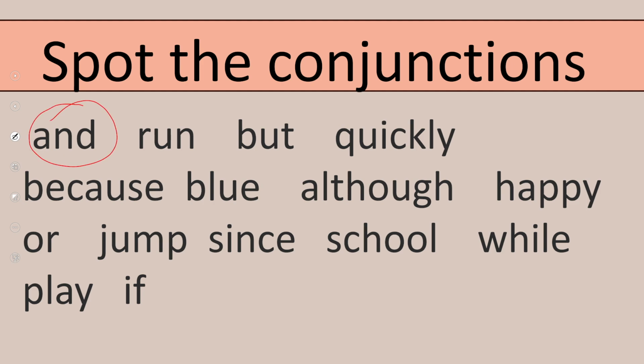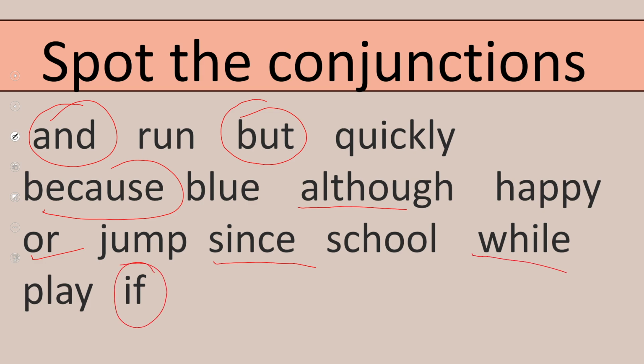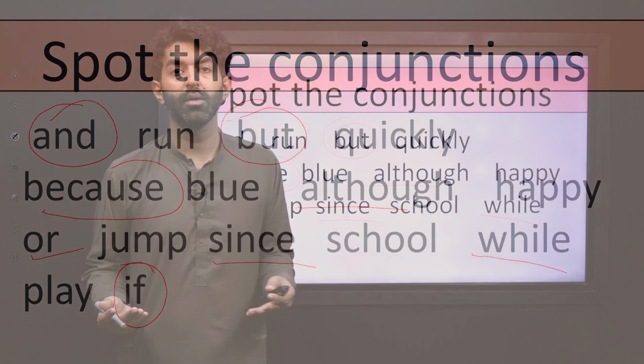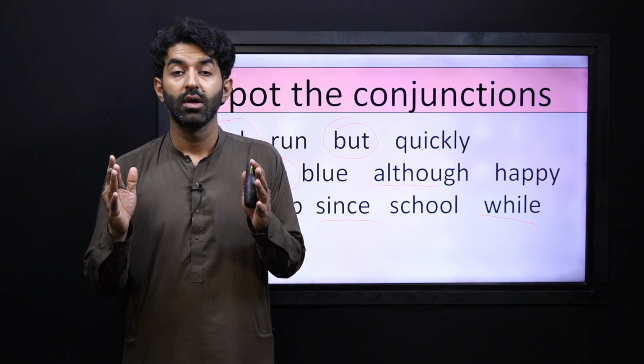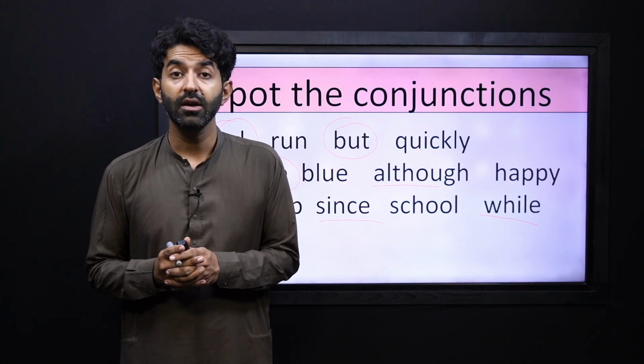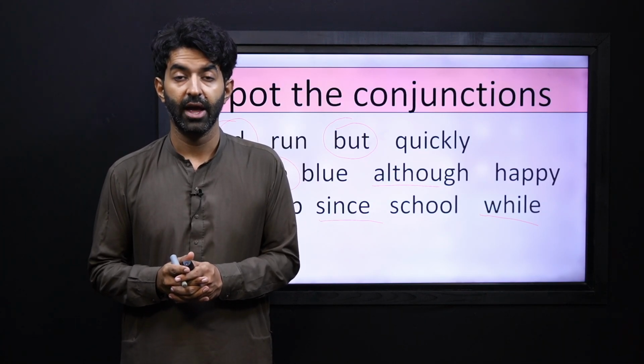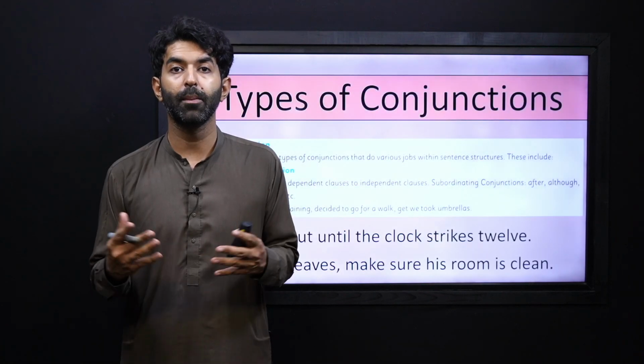And, but, because, although, since, or, while, if. All these are conjunctions, and the rest of the words are either verbs, adverbs, or adjectives. So now we can clearly and easily identify conjunctions, and then we can begin learning more about them.